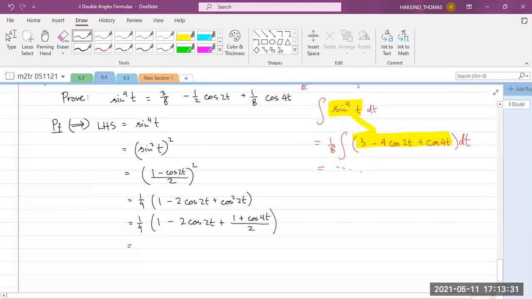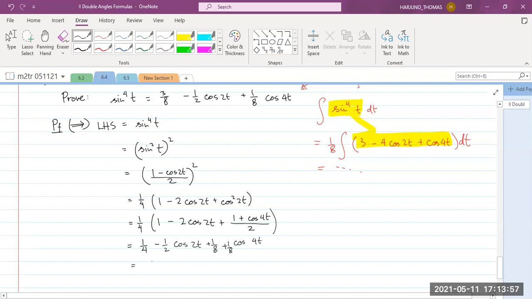Now then, let me multiply that 1/4 in. So I get 1/4 minus 1/2 cosine 2t plus 1/8 plus cosine 4t 1/8.